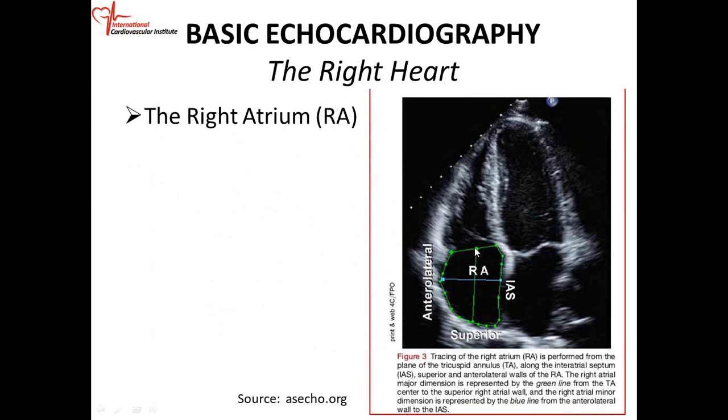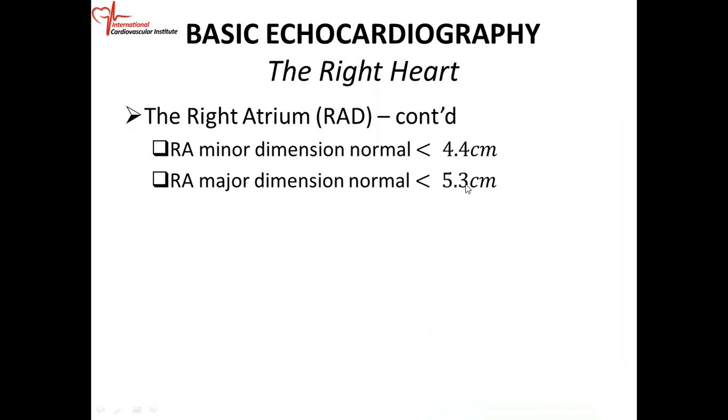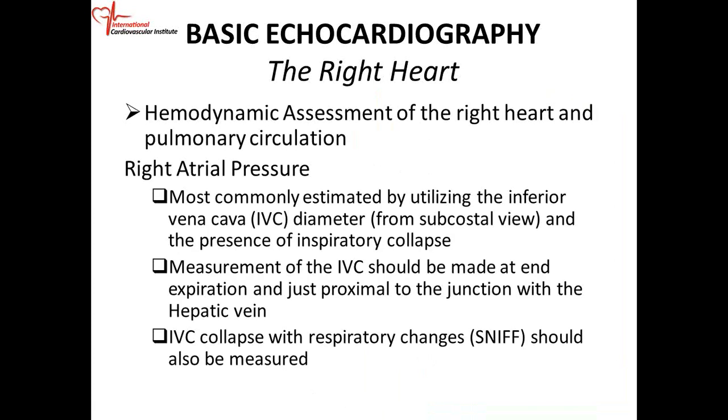This is your major dimension, and this is your tricuspid annular plane. Major dimension is vertical. Minor dimension is horizontal. The major should be less than 5.3 and the minor less than 4.4. Anything greater than those numbers suggests enlargement of the right atrium. And then you have to know the area. Area should be less than 18 centimeters squared.